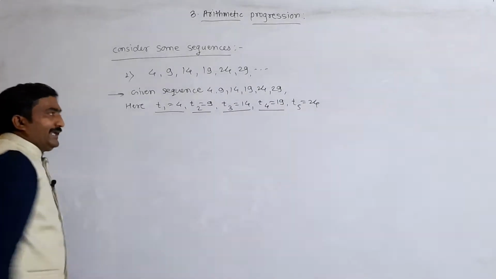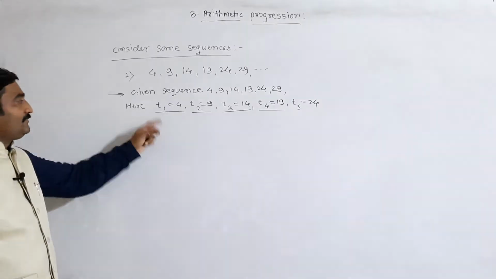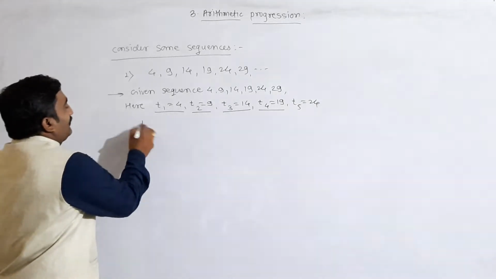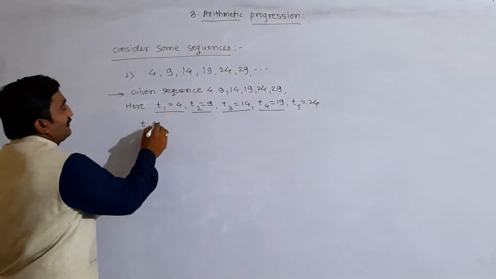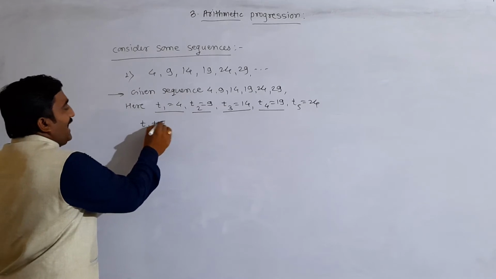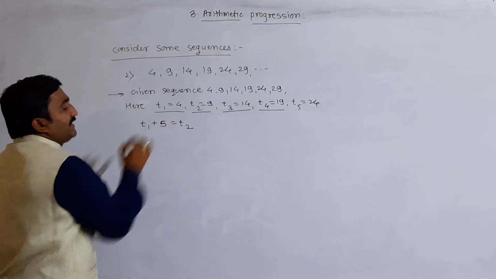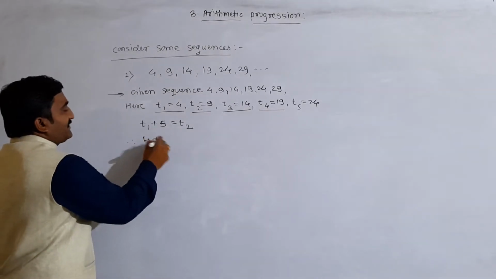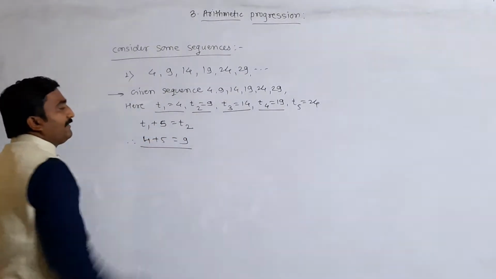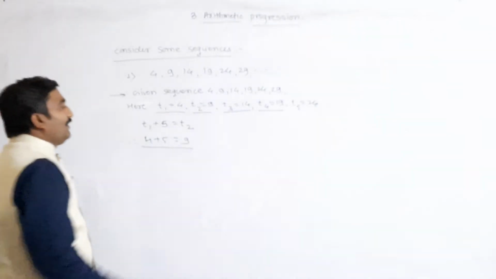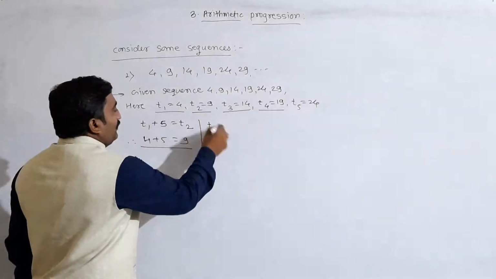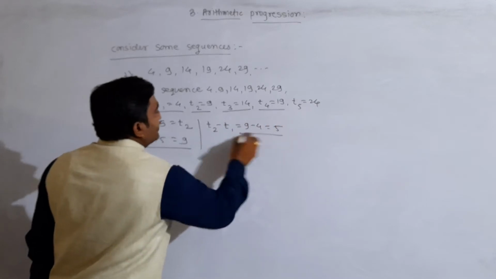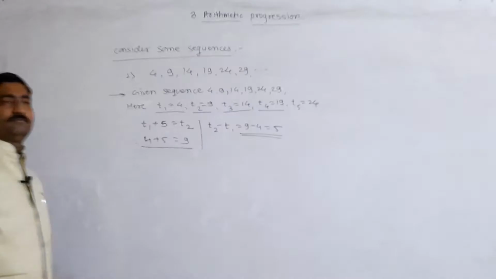Then when we calculate the first term and second term, remember that first term plus 5 is equal to second term. It means 4 plus 5 is equal to 9. Or T2 minus T1 is equal to 9 minus 4 is equal to 5.